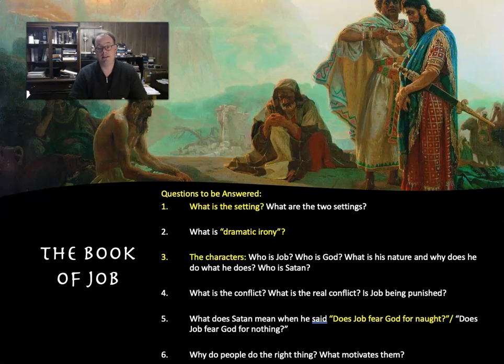And we could raise this question: is Job being punished? Now, the Friends provide an answer to these questions. And it might turn out that the conflict is something other than what we might think it is. Obviously, one question being raised is, why do good men suffer?